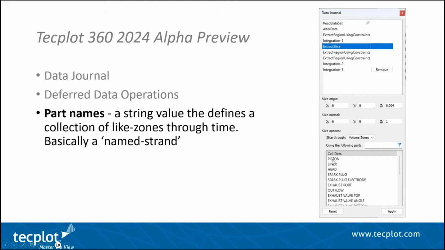And we also have a part called piston, and so that represents many Tecplot zones through time. So again, just basically think of a part as a named strand, and eventually we're going to try to devalue the strand concept and replace it with parts, but this is going to take a little while to do that migration from one to the other.